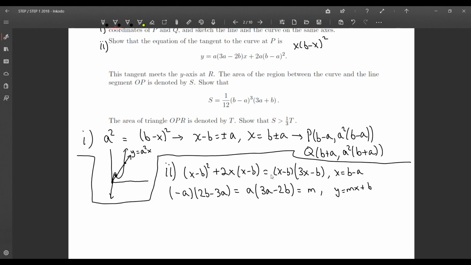And so we just have to plug in, again, this point. So we have that a squared times (b minus a) equals a times (3a minus 2b), although I guess I shouldn't use b here. I'll just write k, times our x value. Our x value is b minus a, plus k.